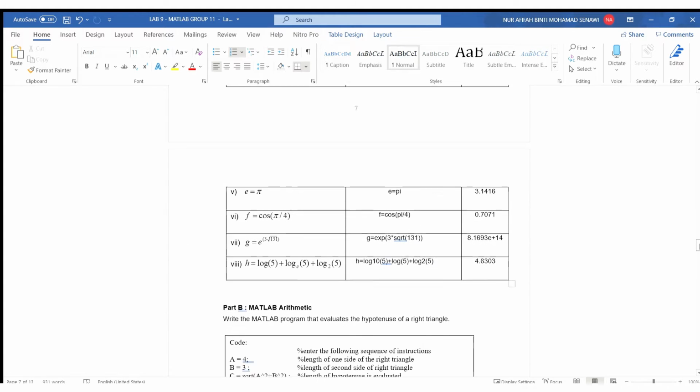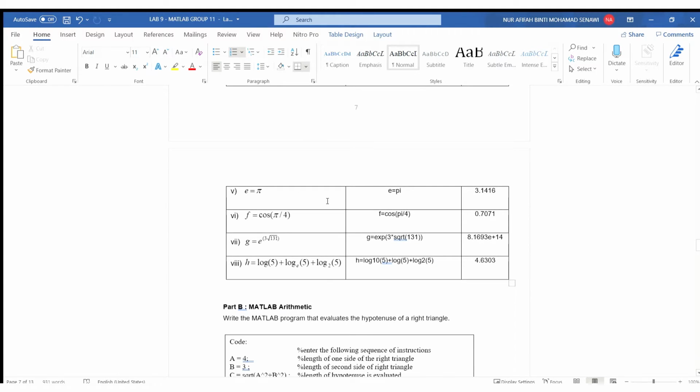For E equals pi, in MATLAB we need to change it to E equals pi, which stands for pi. So this is the answer. For F equals cos pi over 4, just change the pi to pi over 4.